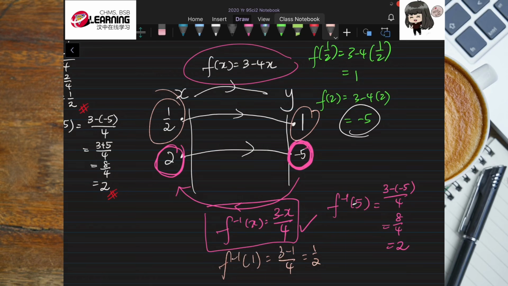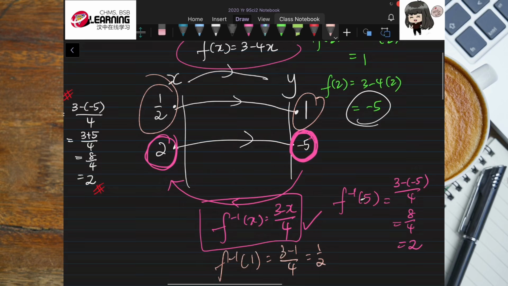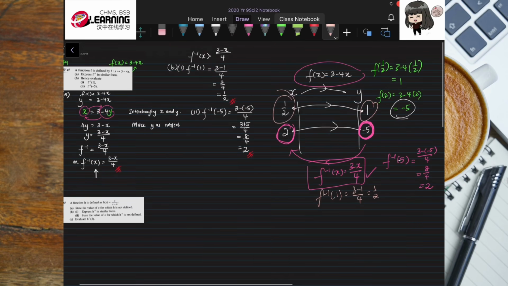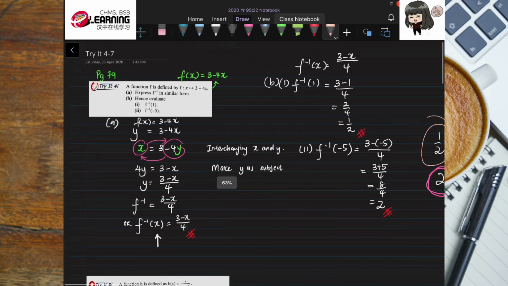So inverse function is a reversing process, a reversing expression. You need to find the reverse expression. The word inverse, you can relate it as reverse or undo. That is for trait 4.